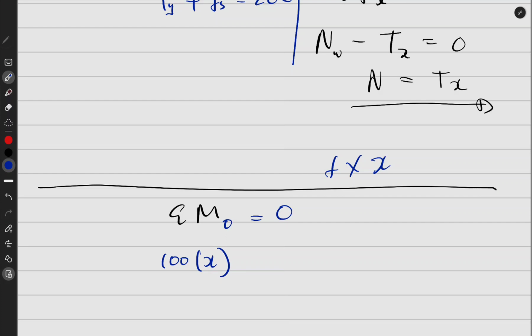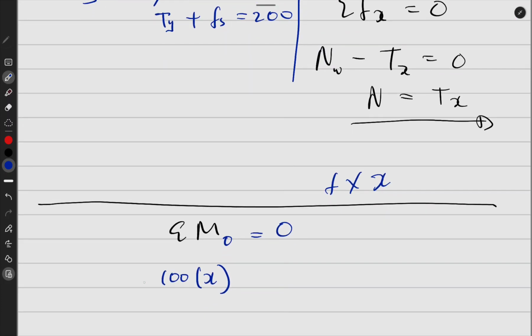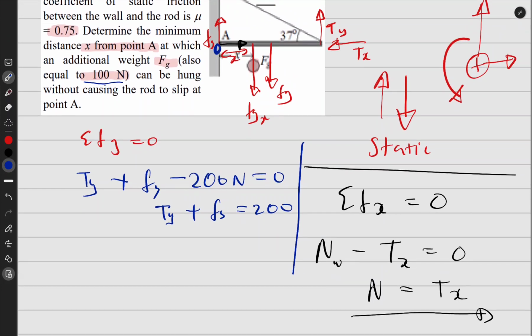Okay, so good. Let me look at the direction. It will move our thing like this, clockwise, so I'm expecting it to be negative, because here I chose counterclockwise as positive, and this one is clockwise, negative.